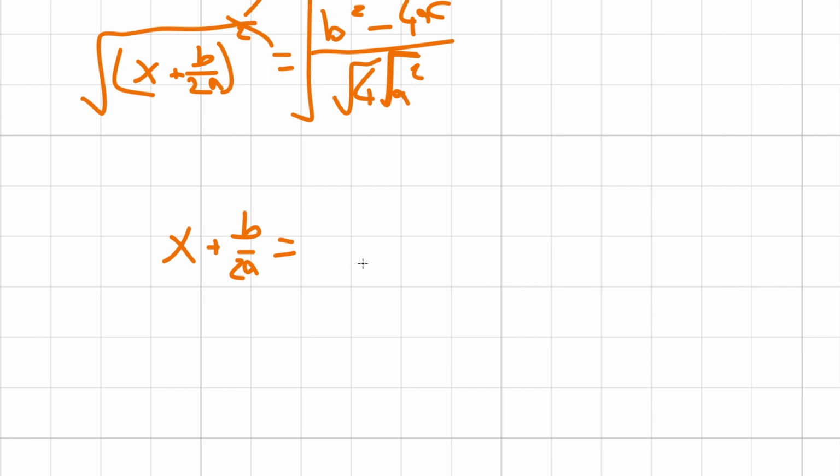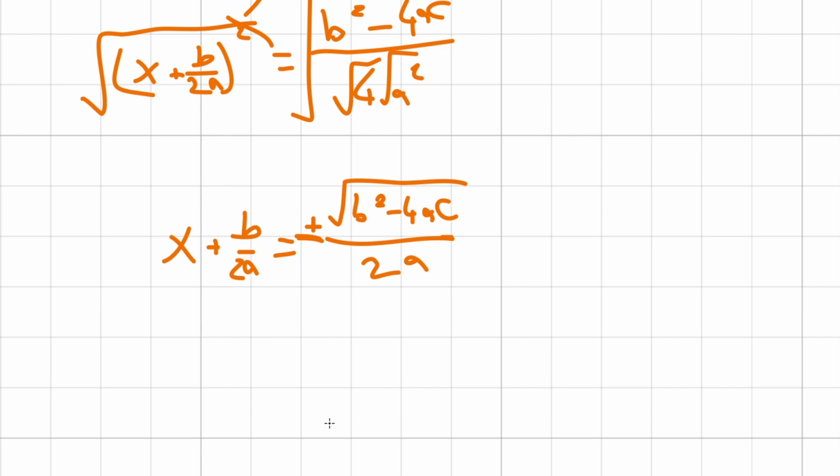So now we have 2a, which means up above it's still going to be the square root of b squared minus 4ac. And now you might start seeing the quadratic formula come in. And remember, we have to take the positive and negative versions of this, because it has to be positive and negative.